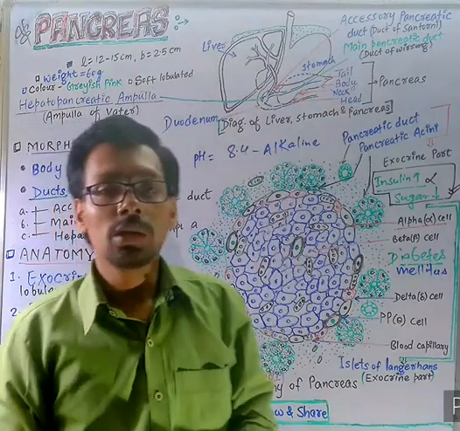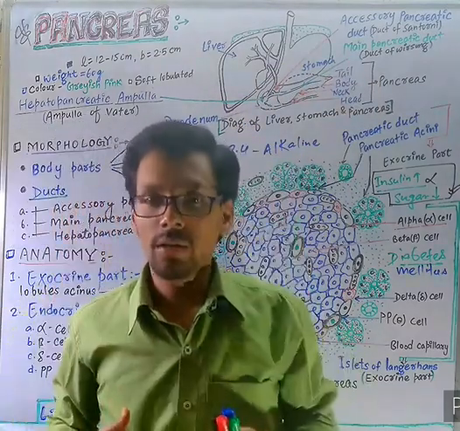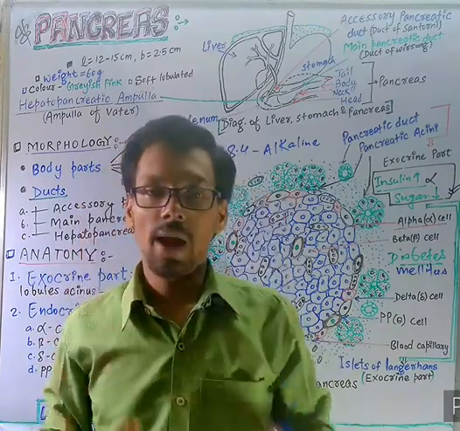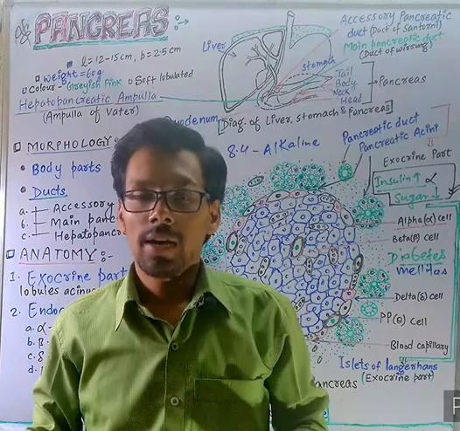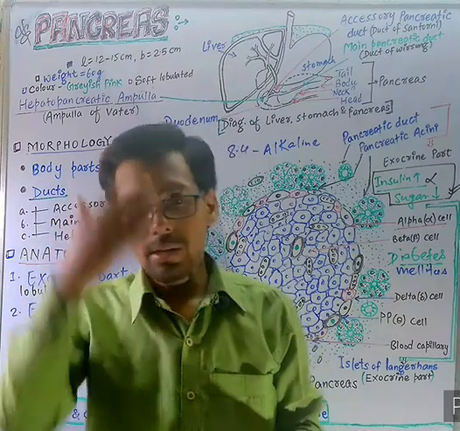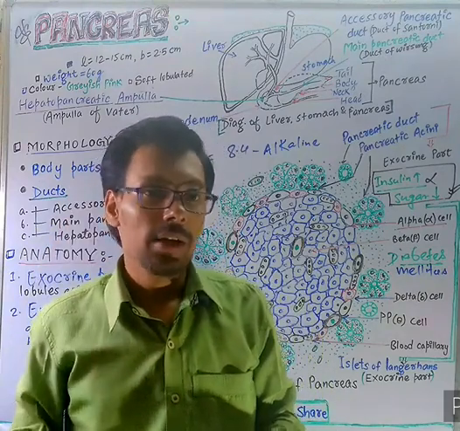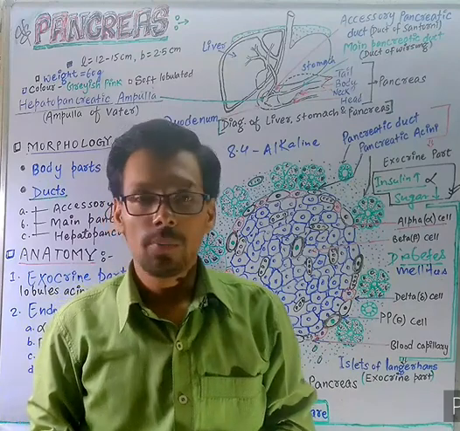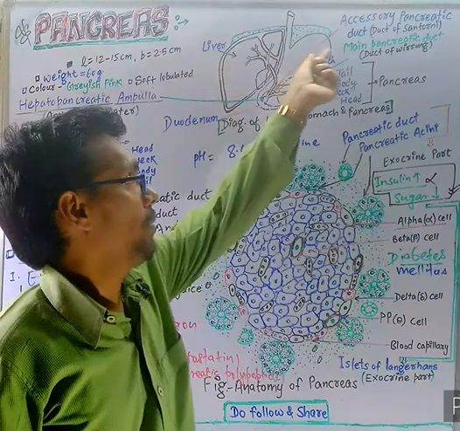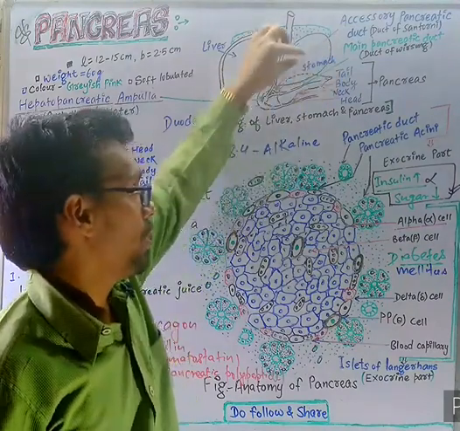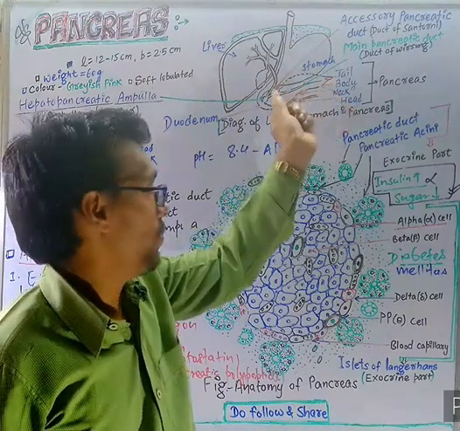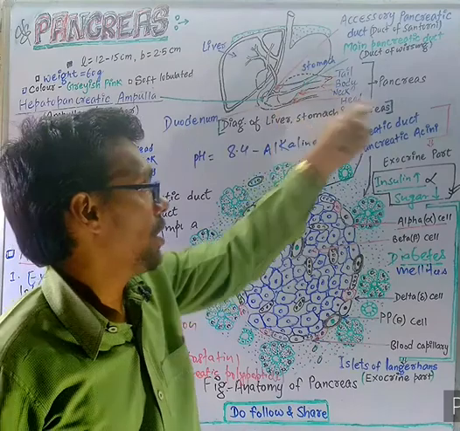The abdomen side you call ventral, and the back side you call dorsal. If you cut a section of the human body ventrally in the abdominal cavity, the vital organs present are the liver on the right side and the stomach on the left side, and behind the stomach is a leafy type of organ, that is called pancreas.